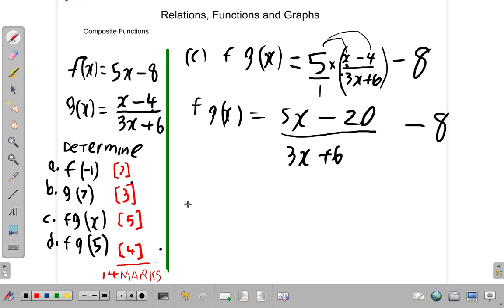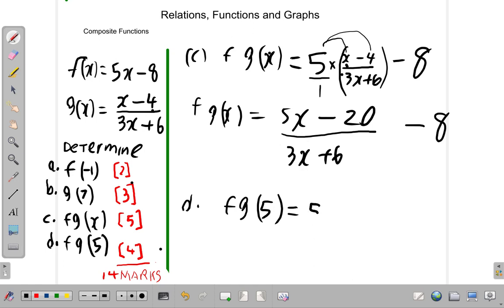Now, what about D? D says we must find fg of 5. Now the thing is, we already know fg of x. So we look at fg of x, and then to get fg of 5, we replace x with 5.